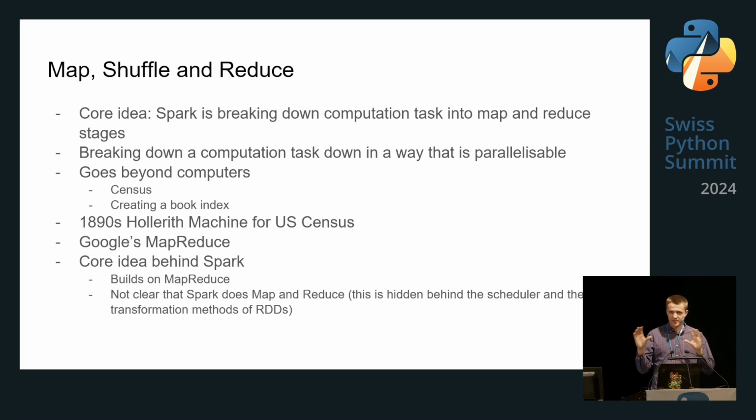Another manual example of MapReduce is creating a book index. This is how they did it before they had computers. If you had a team of 10 people and you wanted to create a book index, you might give 10% of the pages to each person, and they pick out the important words from their pages.